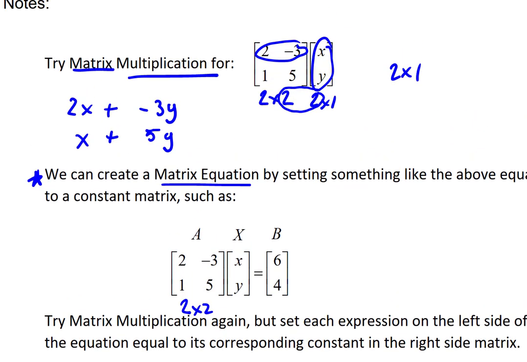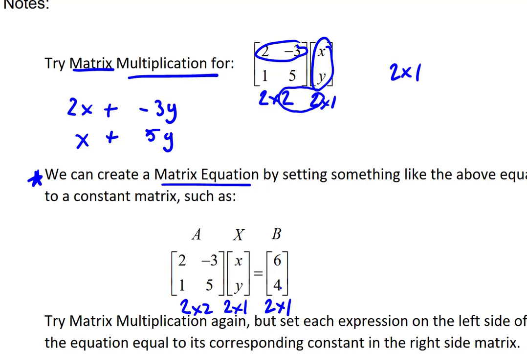That's times our variable matrix, again, a 2 by 1 variable matrix with x over y. And then we have it now equal to a constant matrix that is also a 2 by 1, 2 rows, 1 column. Those entries are 6 above a 4.